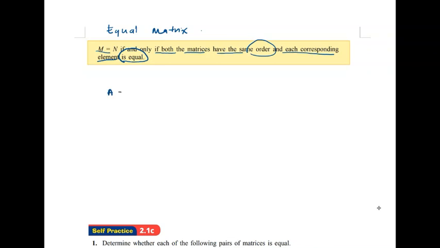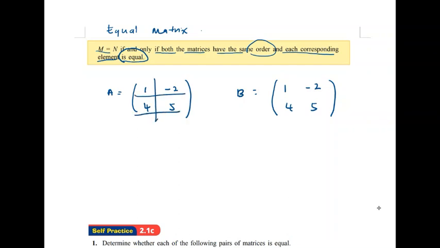So if I have matrix A with 1, -2, 4, 5, and matrix B with 1, -2, 4, 5, look at the order. We have 2 rows and 2 columns. So matrix A is order 2 by 2, and the same goes for matrix B, which also has order 2 by 2. The elements are also the same, so we call it A is equal to matrix B.